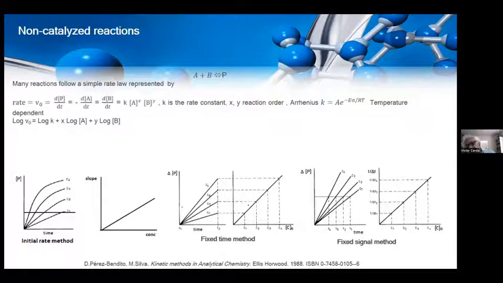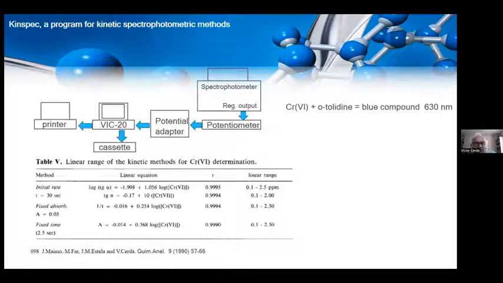And finally, less used is to measure a predefined value of the signal and then represent the time in front of the concentration. These three methods can be applied both for non-catalytic and for catalytic reaction methods.